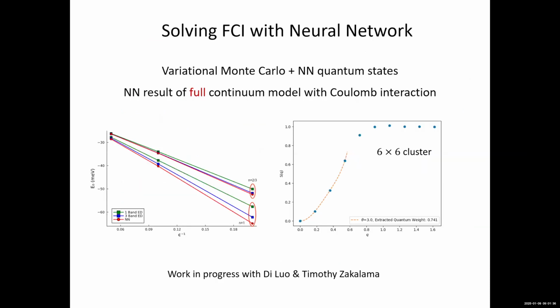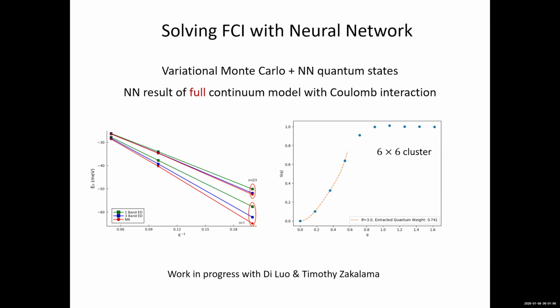Finally, with Dao Lau and the team, we are also in the process of using neural network variational Monte Carlo to study these fractional Chern insulators in twisted TMDs. And here again, I'm comparing the energy from the neural network with that of the band projected exact diagonalization.